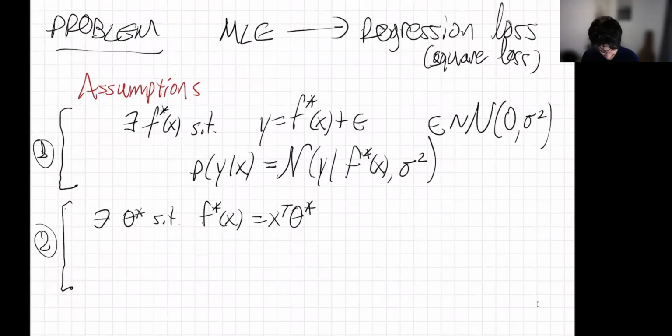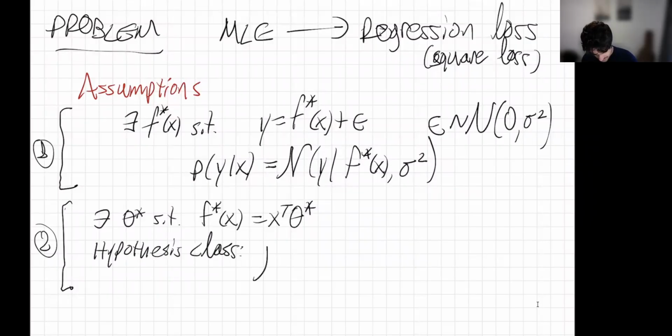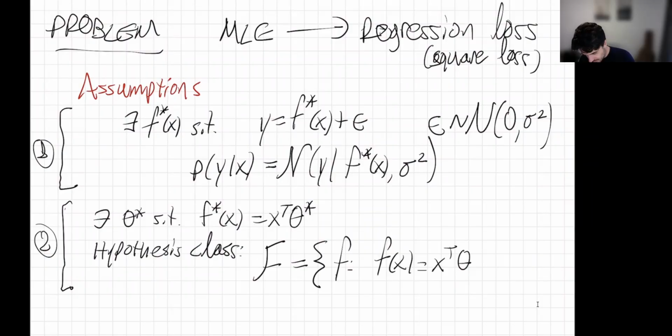So we're making this assumption, and we say that we're going to learn from this hypothesis class of just the linear predictors. This hypothesis class f, sometimes we use a calligraphic h, I'm using a calligraphic f, contains all predictors that can be written in this form: x transpose theta for some theta in R to the d.